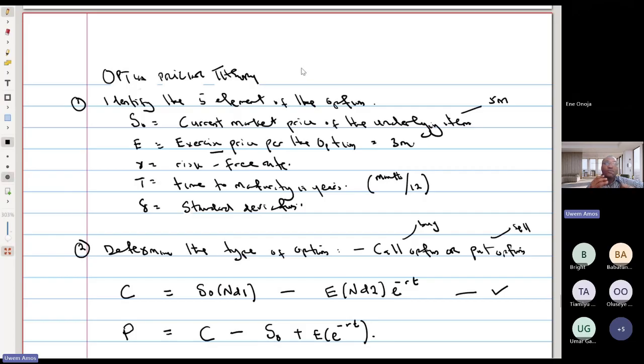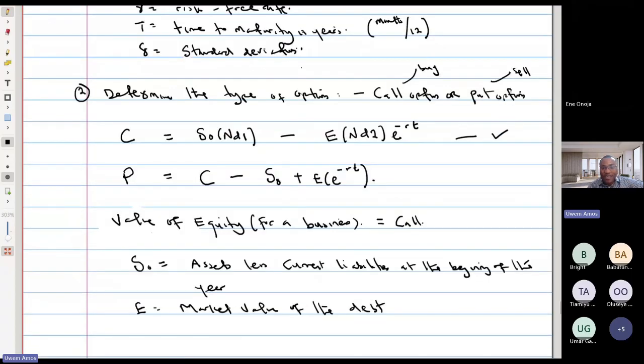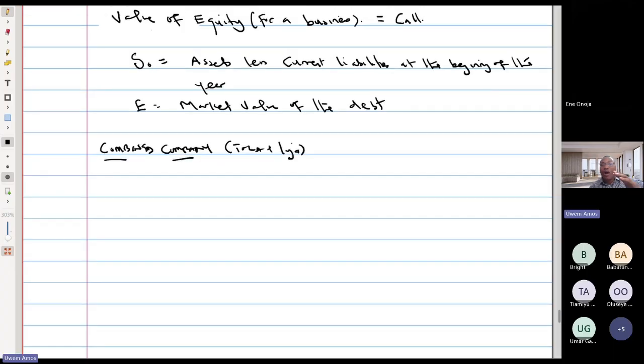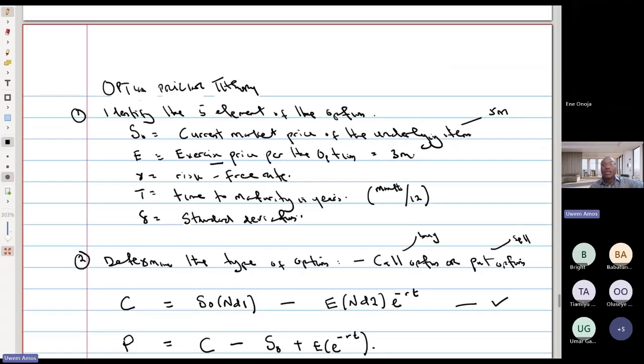In other words, we're beginning with the combined company first, which is our first part. And the combined company is made up of Tolade plus IA. So our S0 would be: what is the current market price of the underlying item?